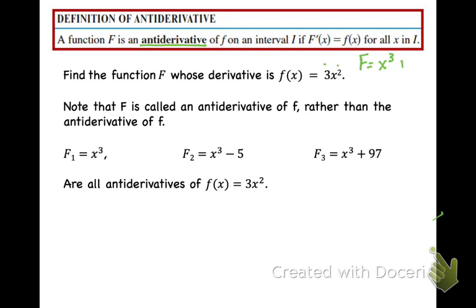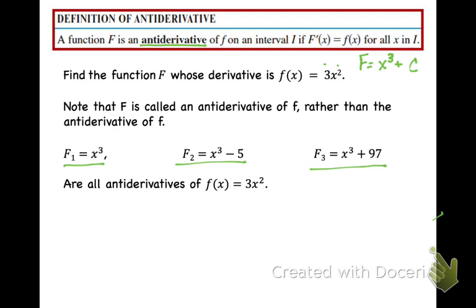We're going to talk about that because there could have been a constant behind it, yes? And actually, we're just going to put plus the constant, because if it's a negative, then it would be a negative, whatever. Okay, so note that F is called an antiderivative of lowercase f rather than the antiderivative of f. So if I have F sub 1 is x cubed, and F sub 2 is x cubed minus 5, and x cubed plus 95, wouldn't all of their derivatives be exactly the same?